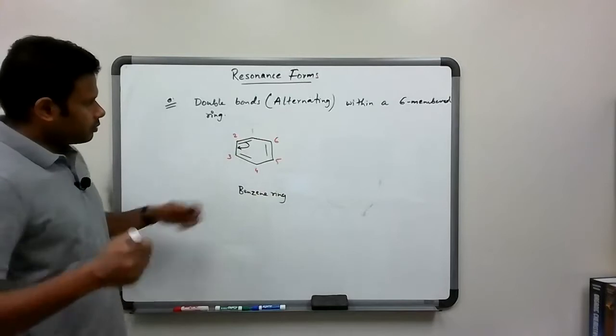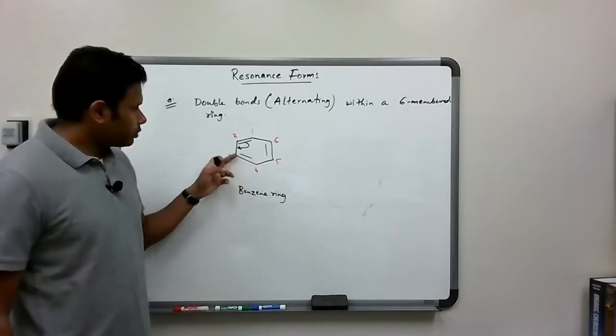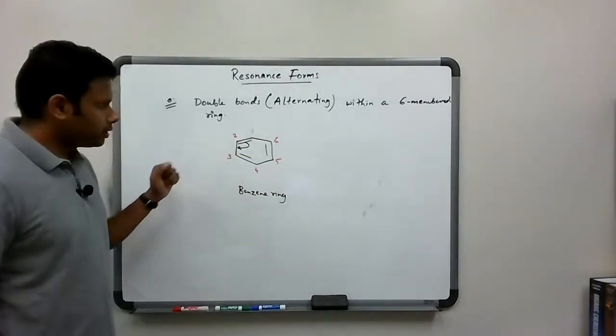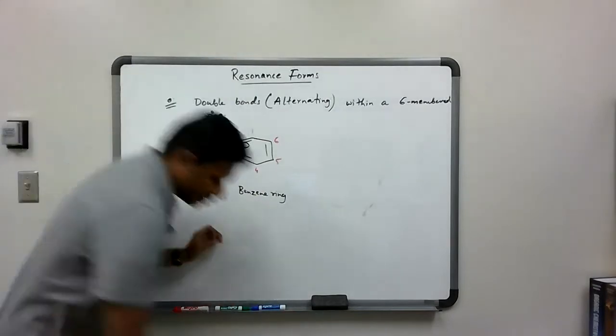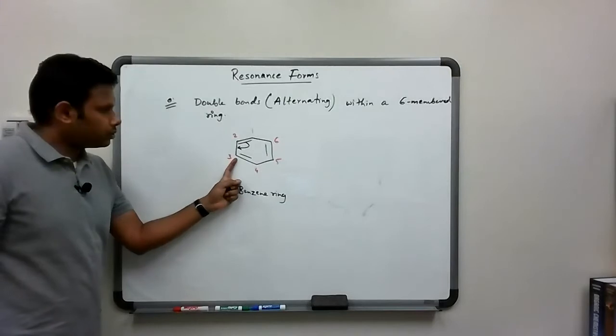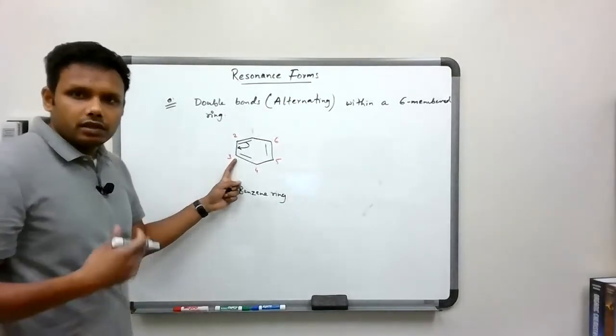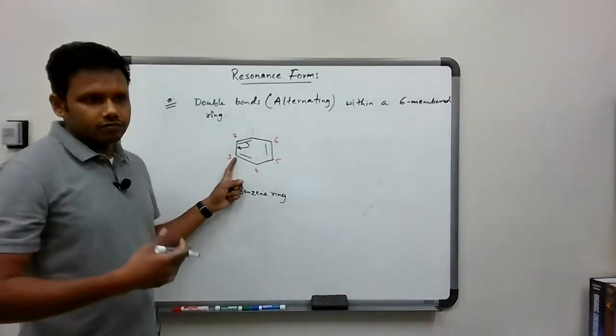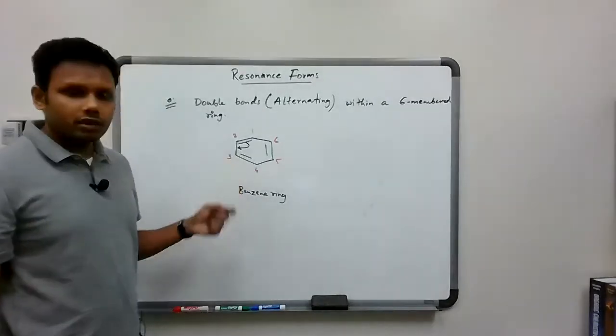I took the double bond between carbons 1 and 2 and pushed it to the space between 2 and 3. If you do an electron count, you'll realize this is going to exceed the octet for carbon number 3.